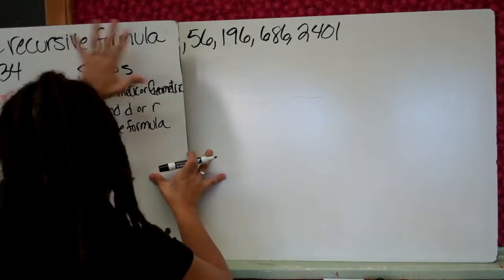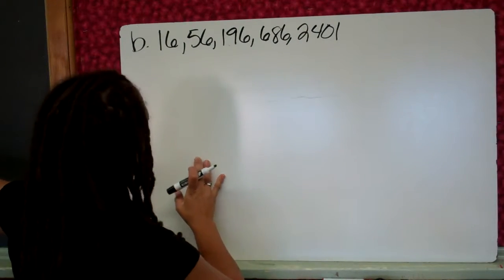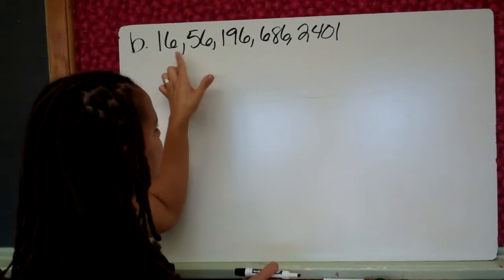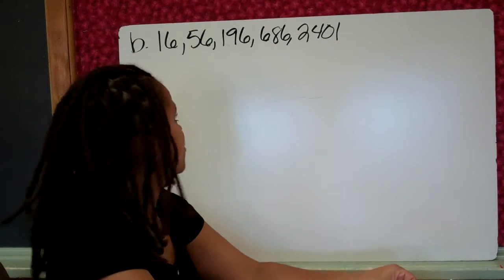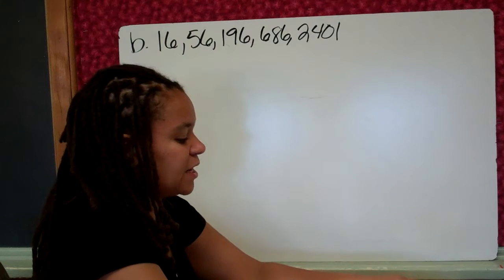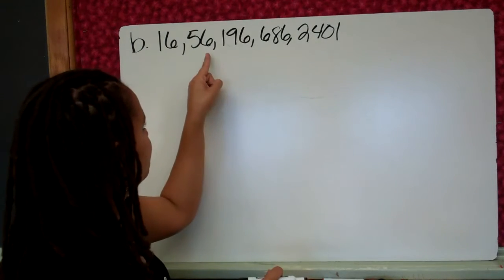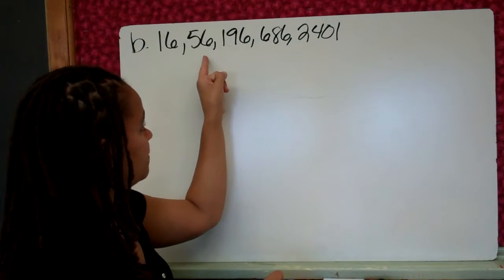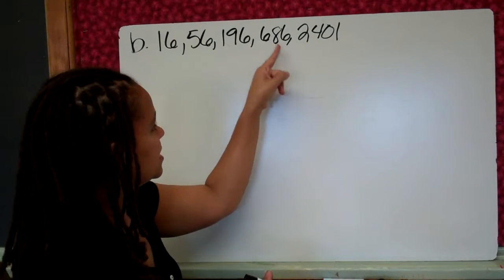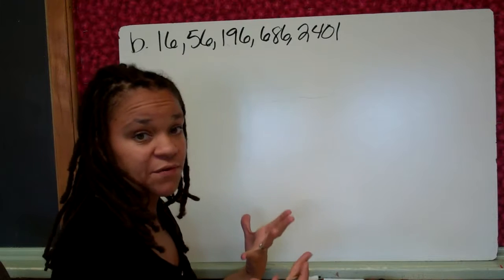All right, let's write one more equation. Looking at 16, 56, I'm thinking it's probably not addition. I can tell quickly that it's not addition. So start dividing. Take 56 divided by 16, see what you get. Take 196 divided by 56, see what you get. Take 686 divided by 196, see what you get. See if you get the same thing.